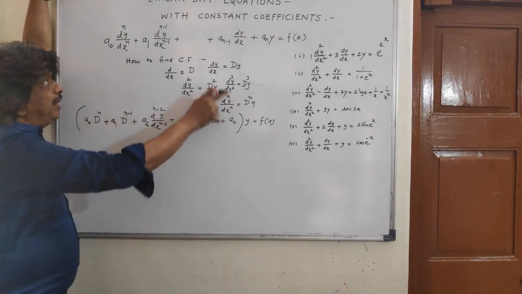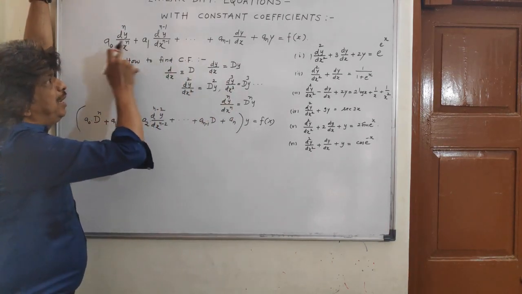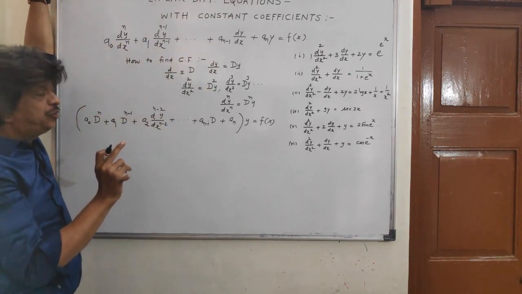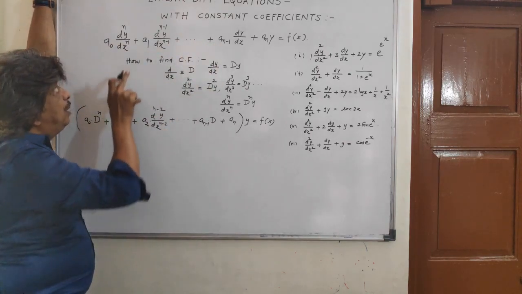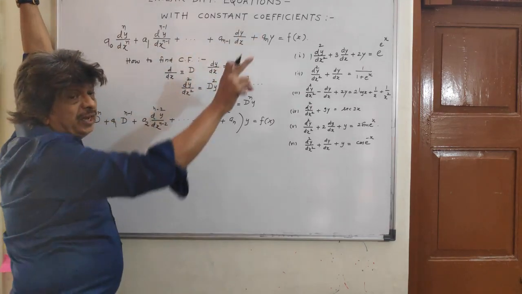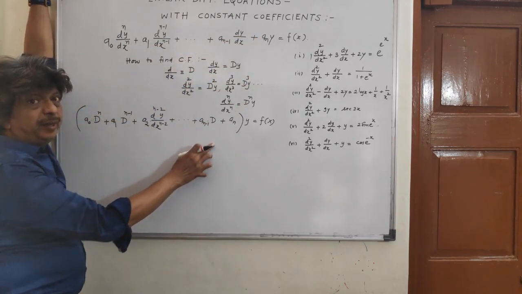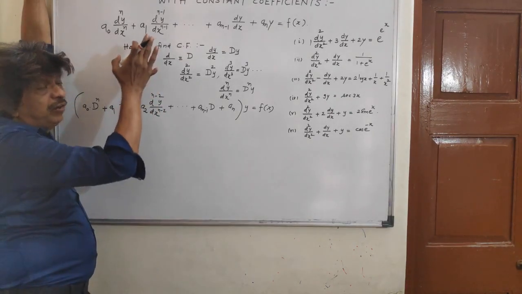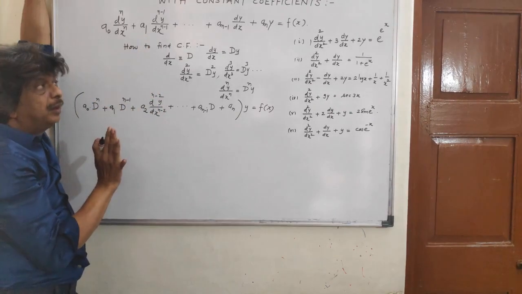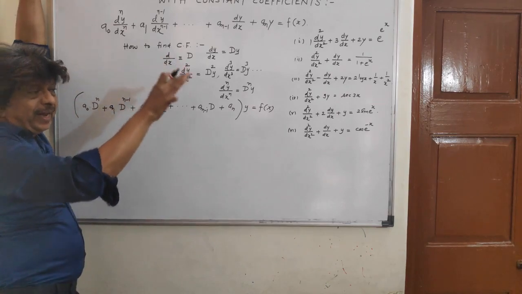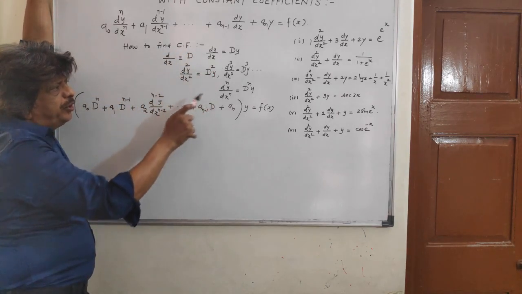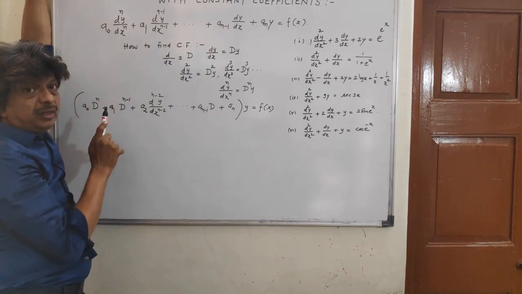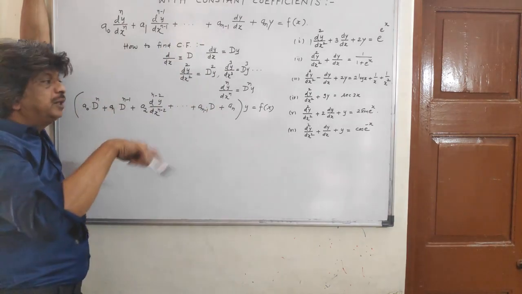So what I did here is I just substituted all this in the given general differential equation. This is the given linear differential equation and this is nothing but the operator form of it. In the very beginning, we make all these substitutions and convert the given linear differential equation into this operator form.